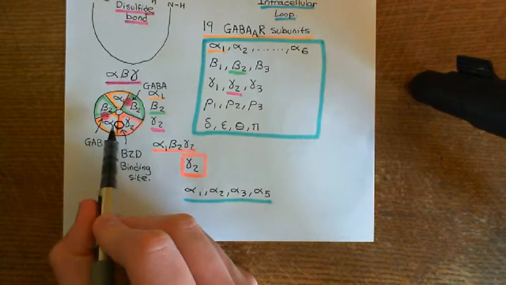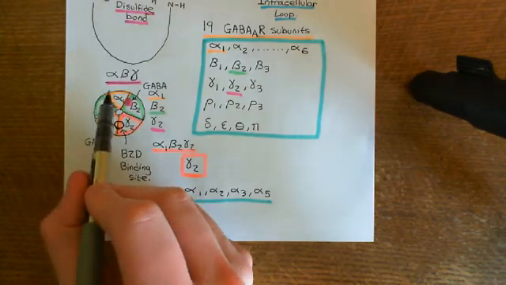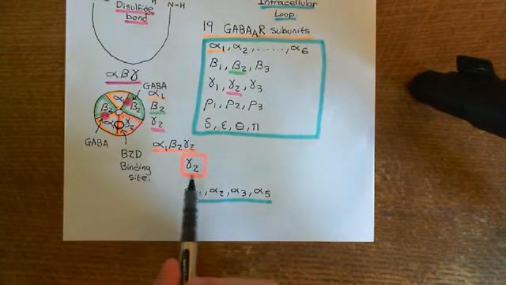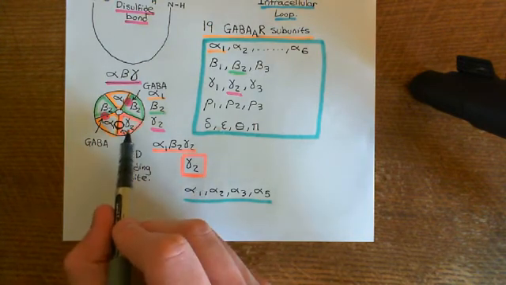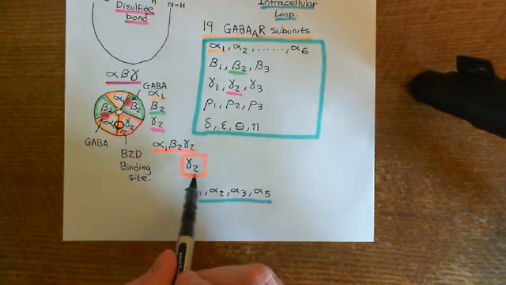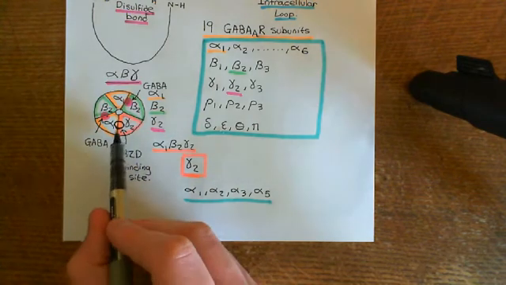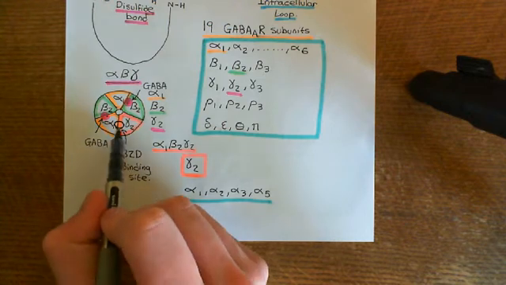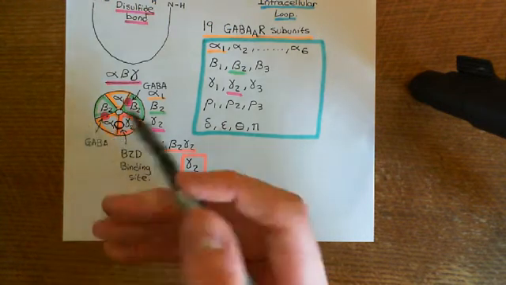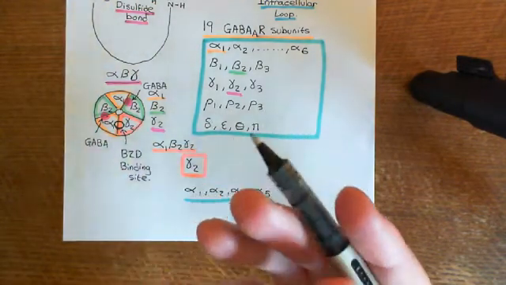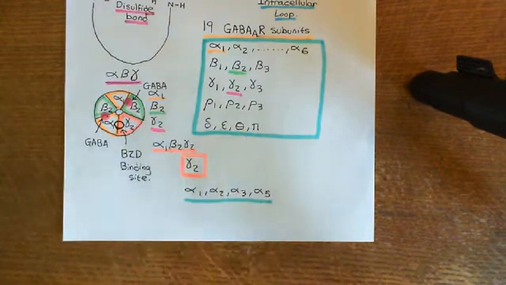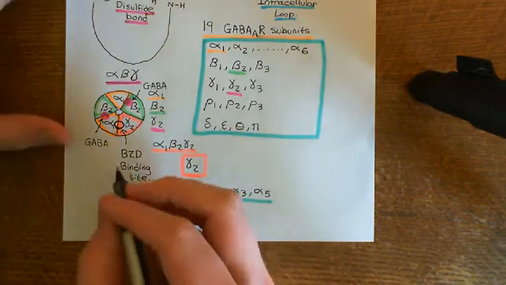So if you have a GABA-A receptor of the alpha-beta-gamma type that has one of these alpha subunits paired with the gamma-2 subunit, then you'll have a benzodiazepine binding site. Benzodiazepine molecules can bind in this site. So, for instance, diazepam, clonazepam, chlordiazepoxide, all of our benzodiazepines can bind here.